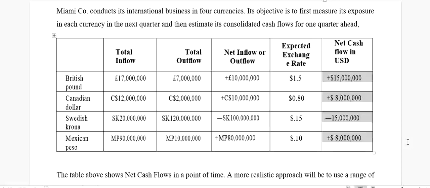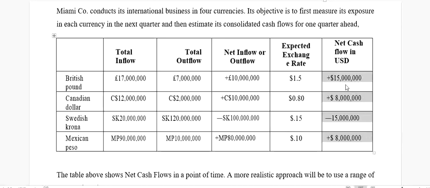So our $15 million is exposed to the risk factor of the British pound. Our $8 million is exposed to the risk of the change in the value of the Canadian dollar. 15 million Swedish krona is attached to the value of the Swedish currency, and 8 million to the Mexican peso.